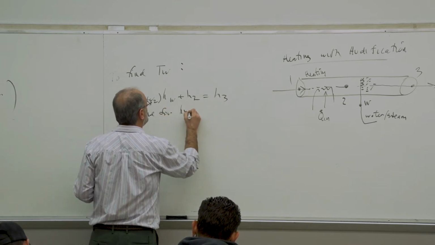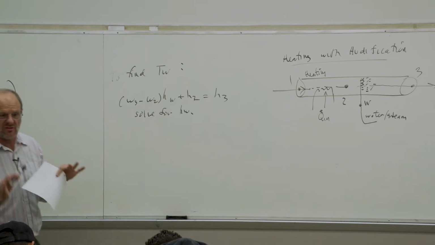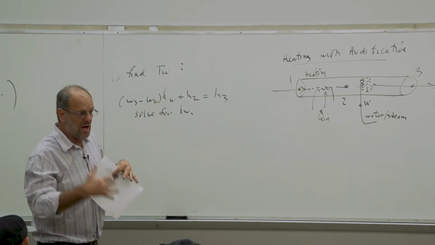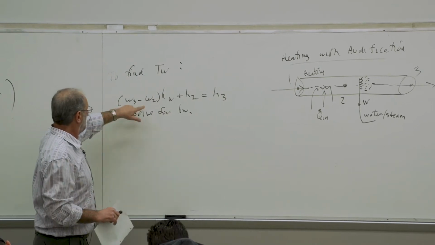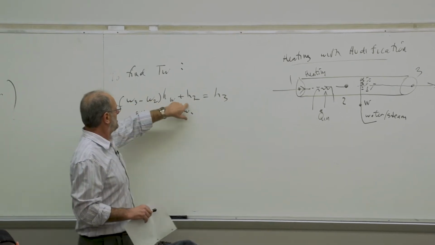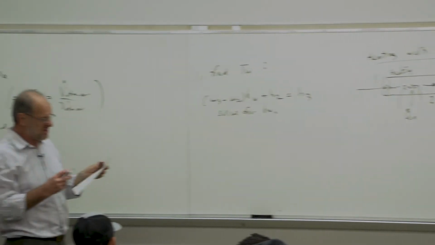for HW. Keep in mind, we will typically have all of our psychrometric data based on the problem statement. We will have the ability to look up omega 2, omega 3, H2, H3. This is data we will have. So we'll be able to solve this for HW.